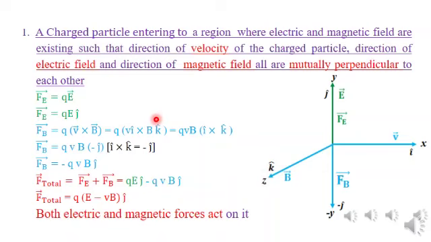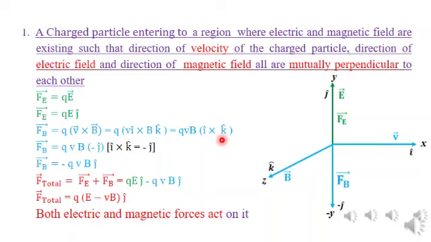Magnetic force is Q into V i cap cross B k cap. Take the magnitude of velocity V and that of magnetic field B out of the bracket. Then vector F_B equals QVB inside the bracket, i cap cross k cap.